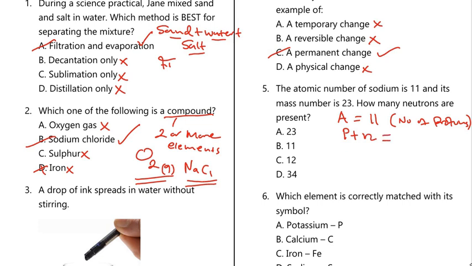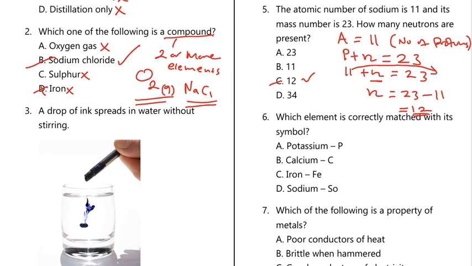This gives the mass number, which is 23, and we have protons as 11 plus n is equal to 23, and we need n, the number of neutrons. So we move 11 to the other side, and we are going to have n equal to 23 minus 11, which is 12. So we have C as the right choice. The number of neutrons is 12.